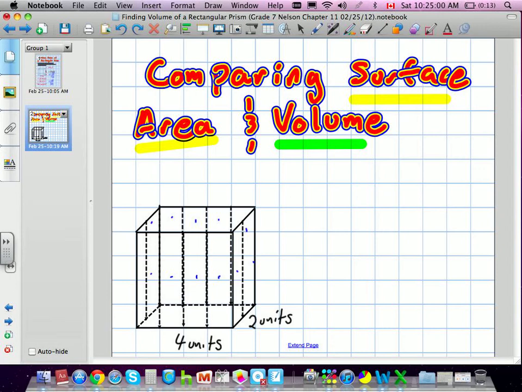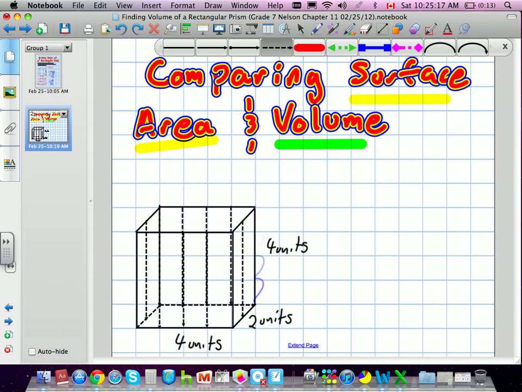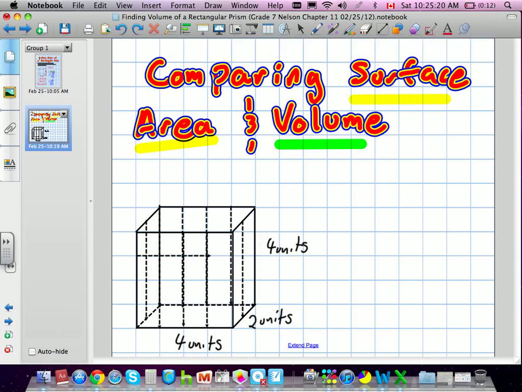And finally, we're going to say that our height here is 1, 2, 3, again 4. So this is also 4 units, and we're going to split this again into 4 units. So here's across in the front, and in the front.